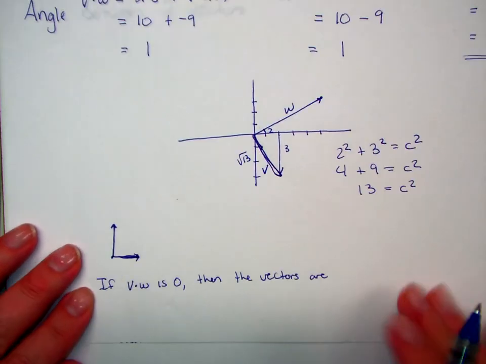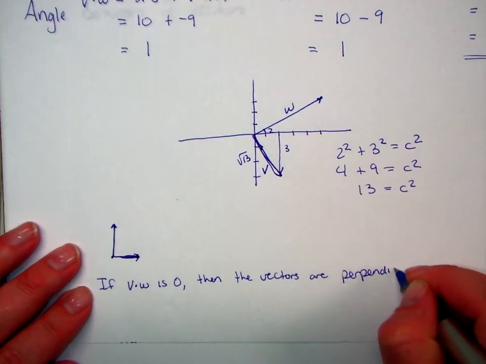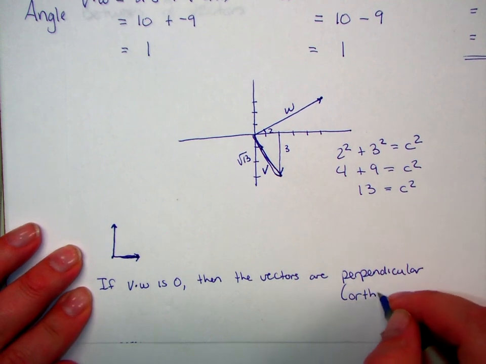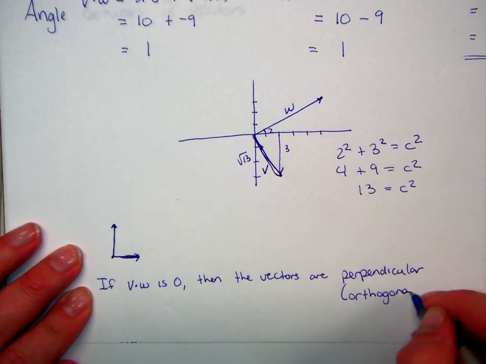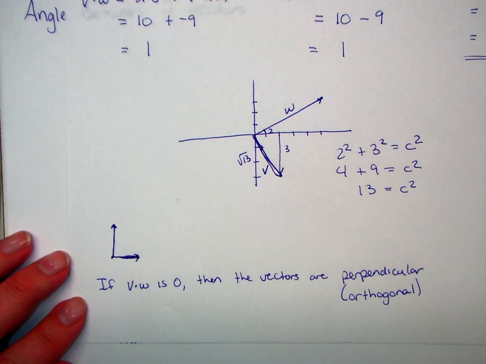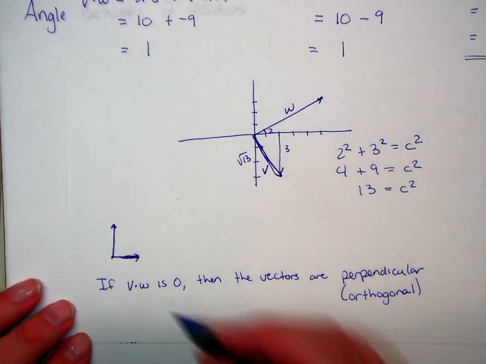And the book is not going to use the word perpendicular. The book is going to use the word orthogonal. And orthogonal just means perpendicular, right? It's the same word, okay, same meaning, right? So if the dot product is 0, right?